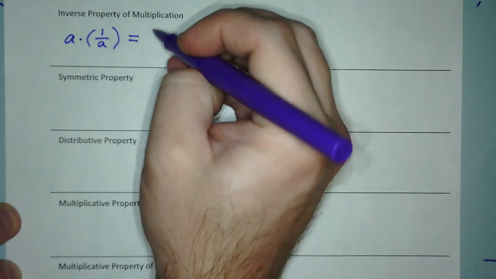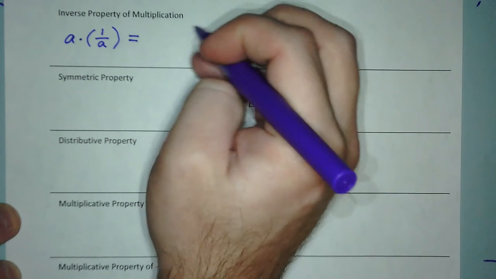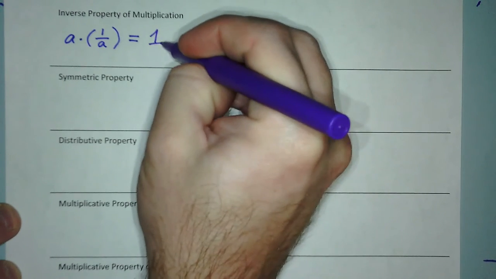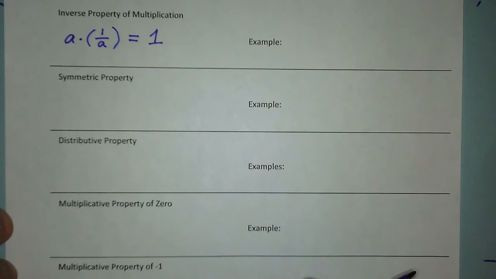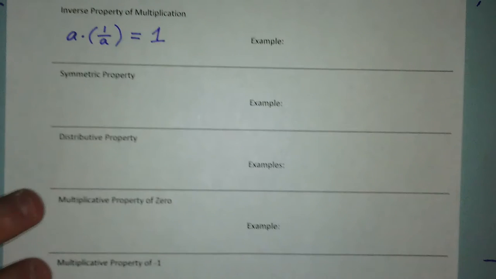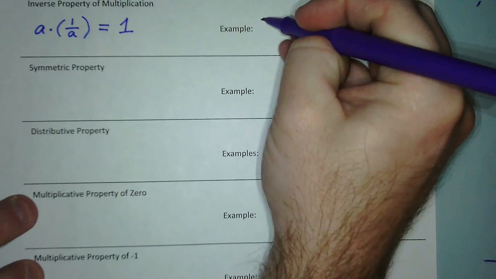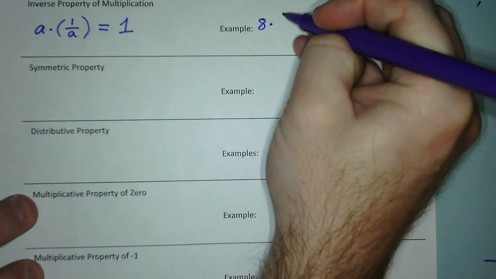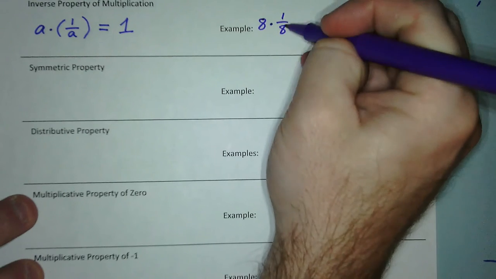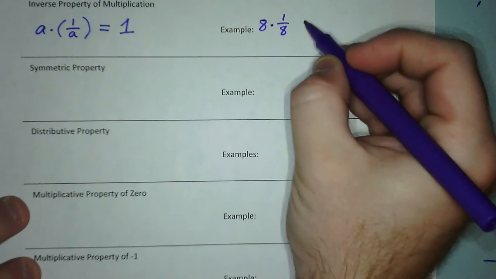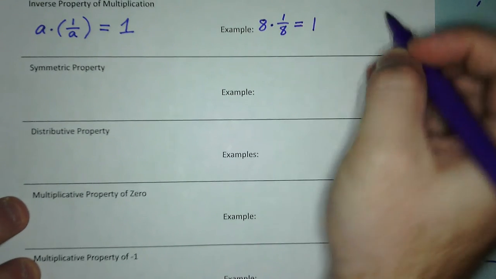Well, the property and the fact of the matter is that you're always going to get 1. It's just a fact. So for example, 8 times 1 over 8, because 8 and 1 over 8 are reciprocals, you're always going to get an answer of 1.